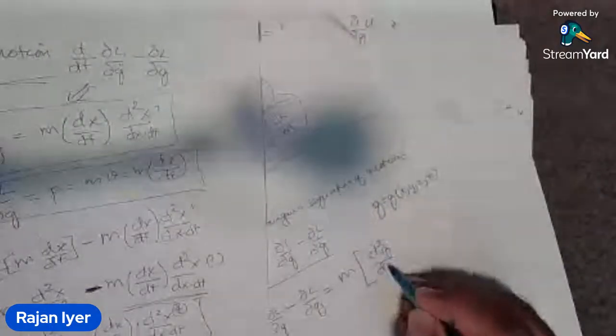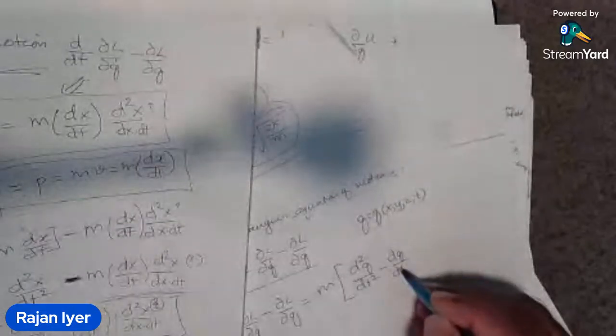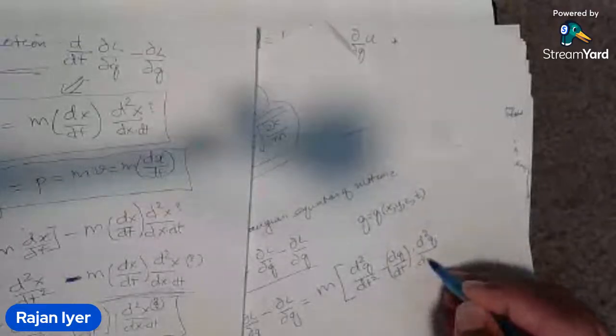This equation here. So M times, right, I get it now. d squared Q over dt squared, right? Yeah. Minus dq over dt, d squared q over dx dt.